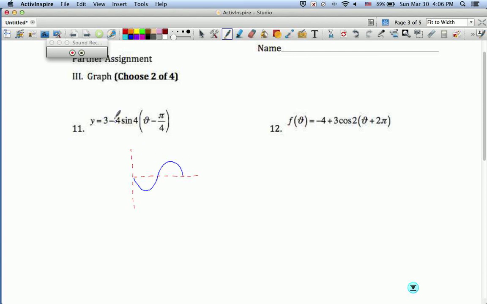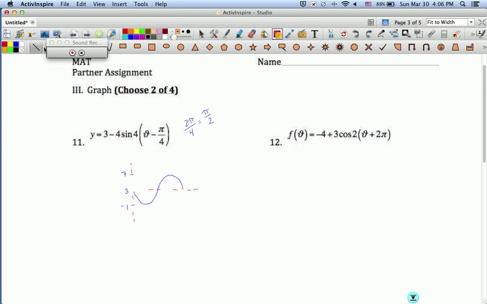This particular graph moved up 3, has an amplitude of 4. The negative, put the negative sign in there. Has a period of 2 pi divided by 4, which is pi over 2. And it had a shift right of pi over 4. Before I do that, I'm going to draw on my x-axis, which is just above negative 1. I'm going to cheat and use a line drawing tool here.